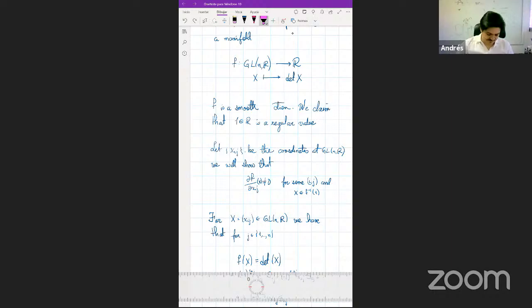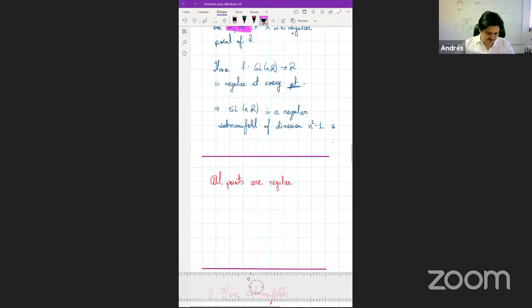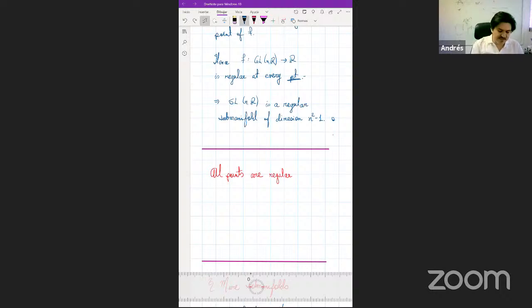So remember what we saw yesterday with the height function. These were critical points.